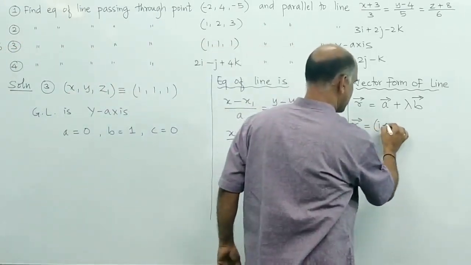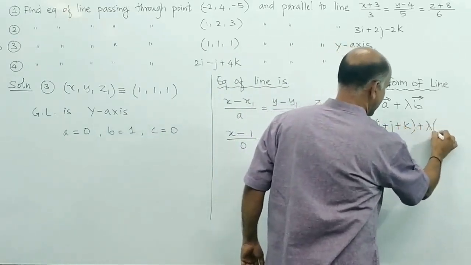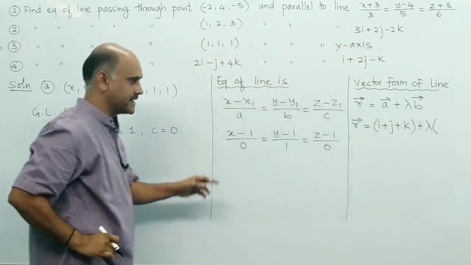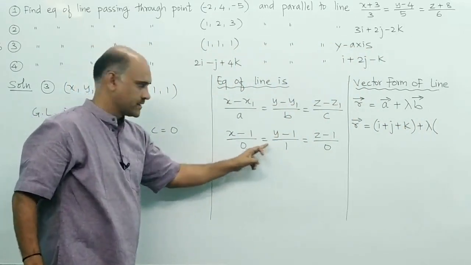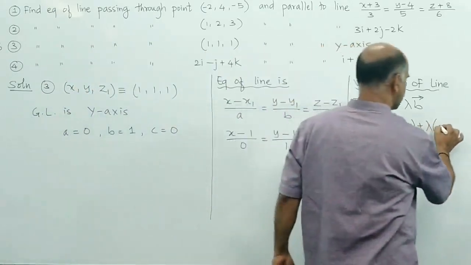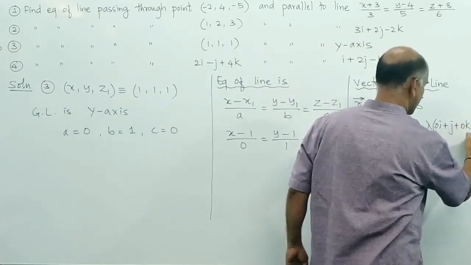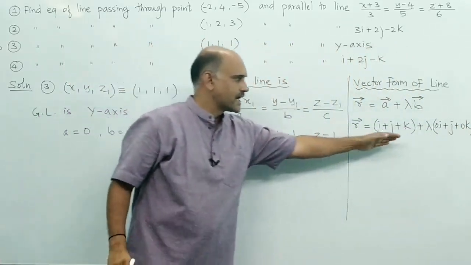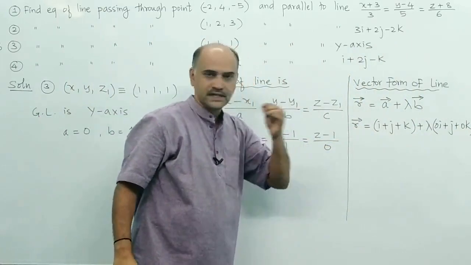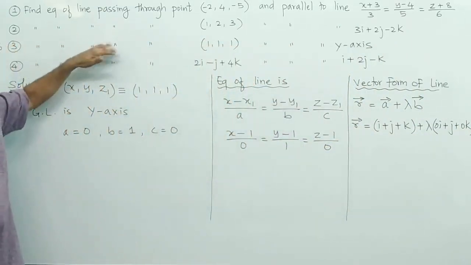So i plus j plus k plus lambda into bracket. b denotes the direction ratios, 0i plus j plus 0k, or directly you can write it as j. This is the equation of a line parallel to the y-axis.